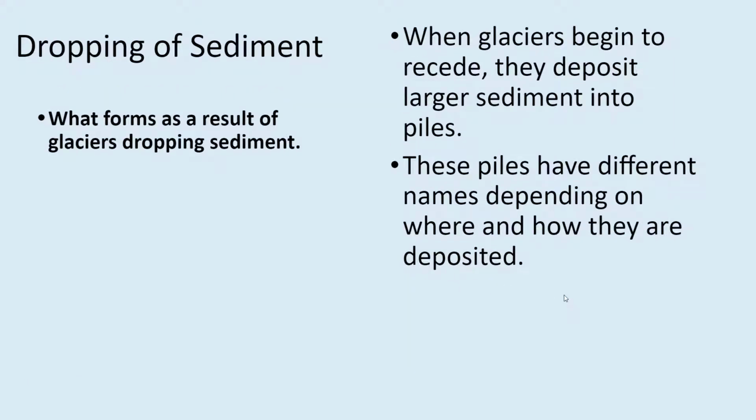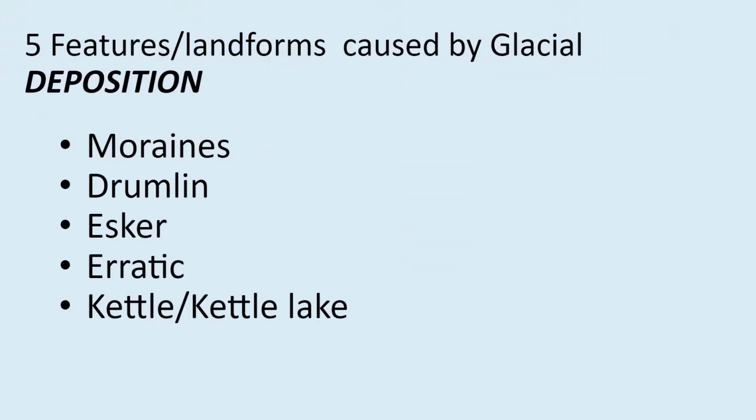So when glaciers begin to recede, they deposit larger sediment into piles. These piles have names depending on where and how they're deposited, okay? And the reason I'm saying that is because you're going to see that deposition is all about making big piles of dirt and rock. All right, so these are 5 features that are caused by glacial deposition: moraines, drumlins, eskers, erratics, and kettle lakes, which again are things that we see a lot of in the state of Minnesota.